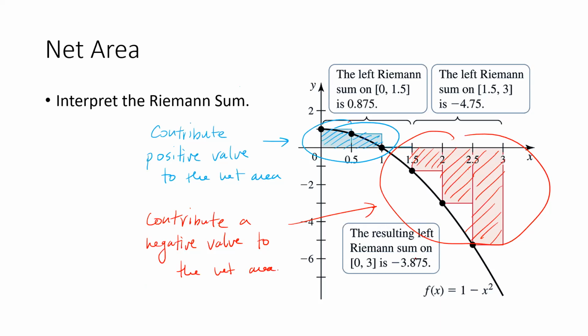Hence our net area is going to be a negative value there. Okay. So here we've got the regions above and the regions below will combine together to form the net area, or in this case, the Riemann sum that represents an approximate net area.